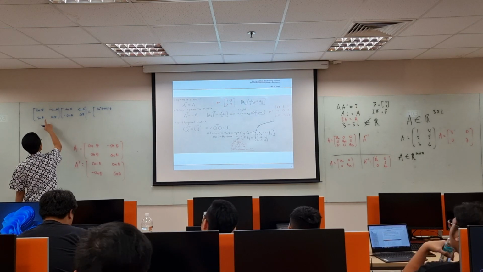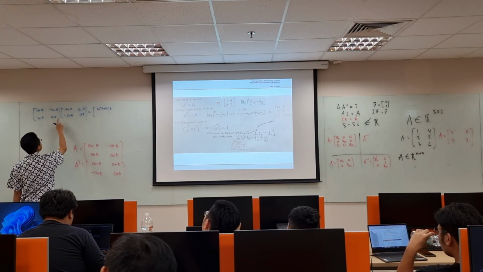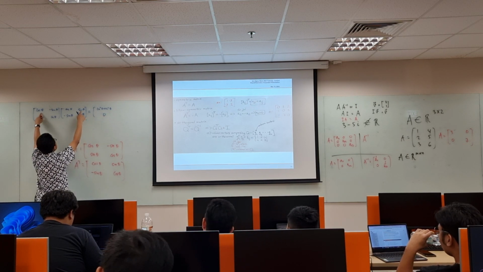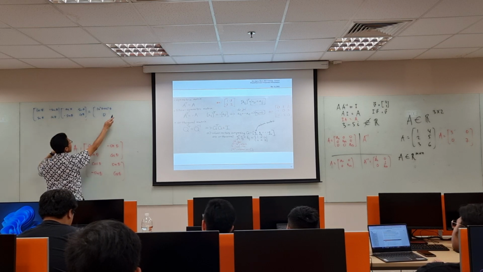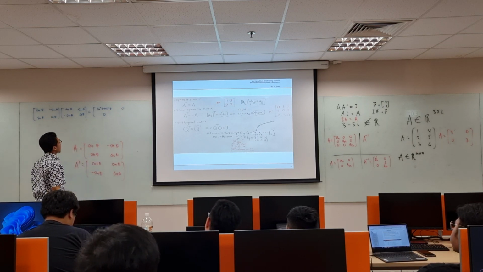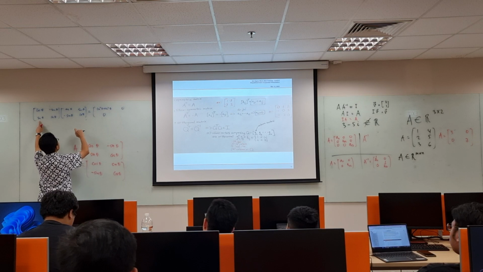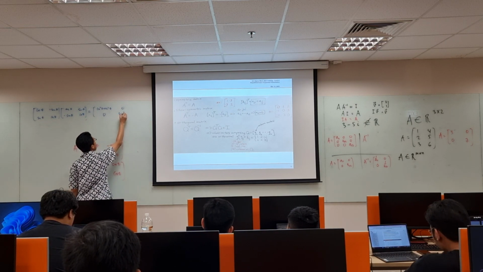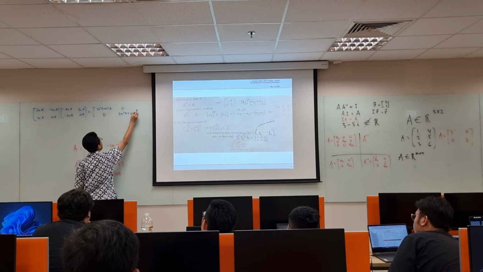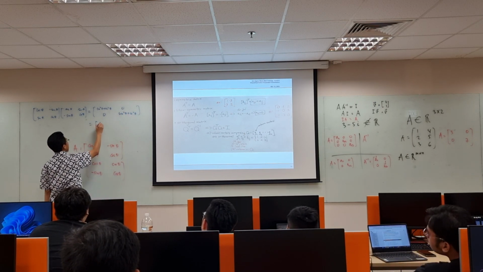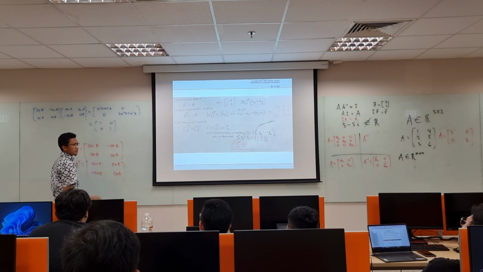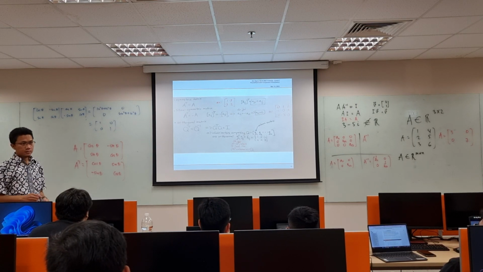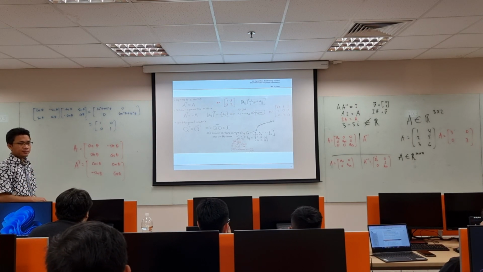This one, sine cos minus sine cos. It's 0. Cosine sine minus sine cos. It's also 0, right? The last part, sine square plus cos square. So you have what? 1, 0, 0, 1. Any question on this?